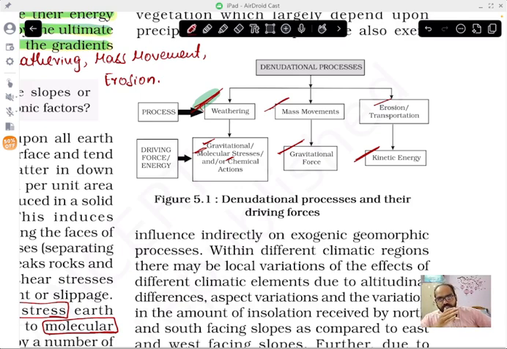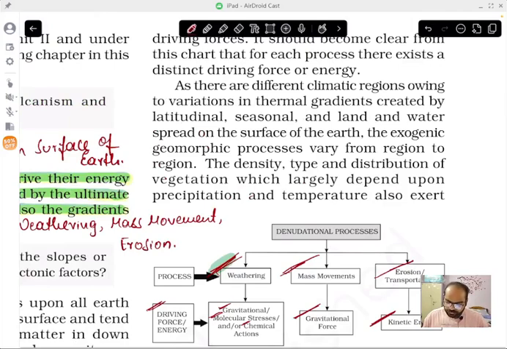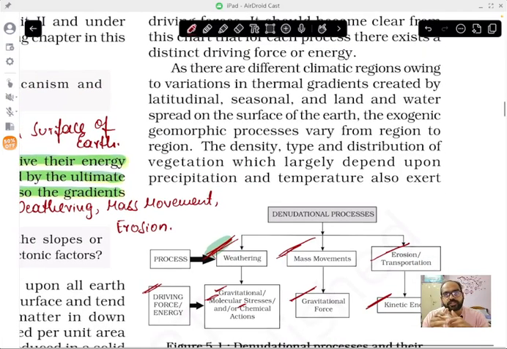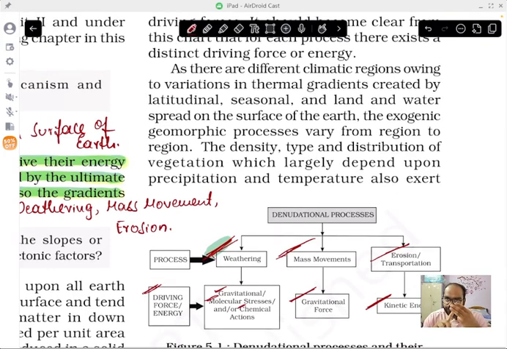The more the force of the water, the more the kinetic energy. That's why more kinetic energy is needed for erosion to happen. So these are the driving forces behind all three exogenic processes, which are weathering, mass movement, and erosion.